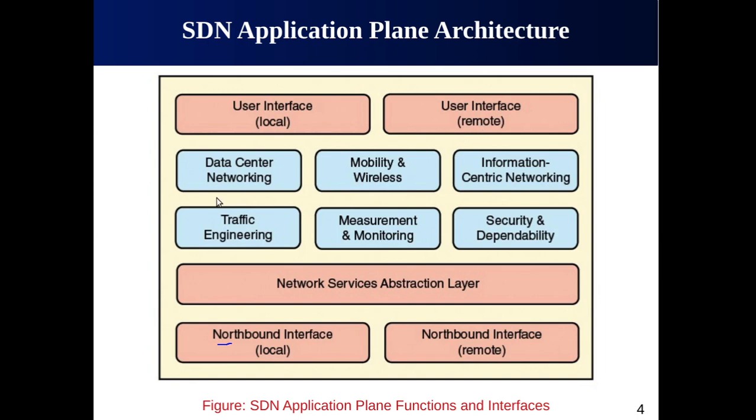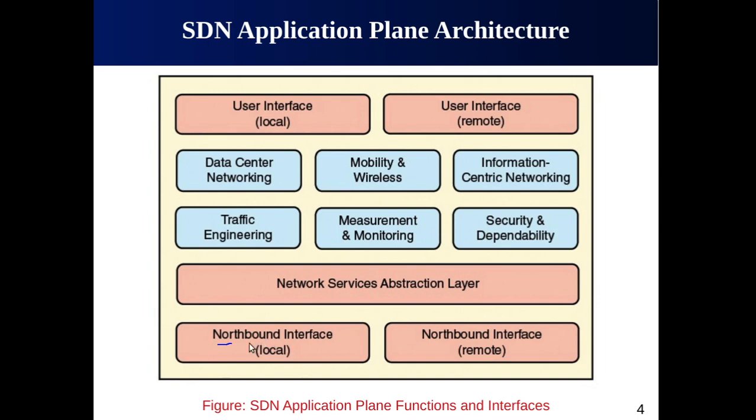And also you can see different types of applications or functions or services like the data center, mobility, information centric networking, security, measurement or monitoring, and traffic engineering. Let us start discussing this architecture for the application plane from the bottom.